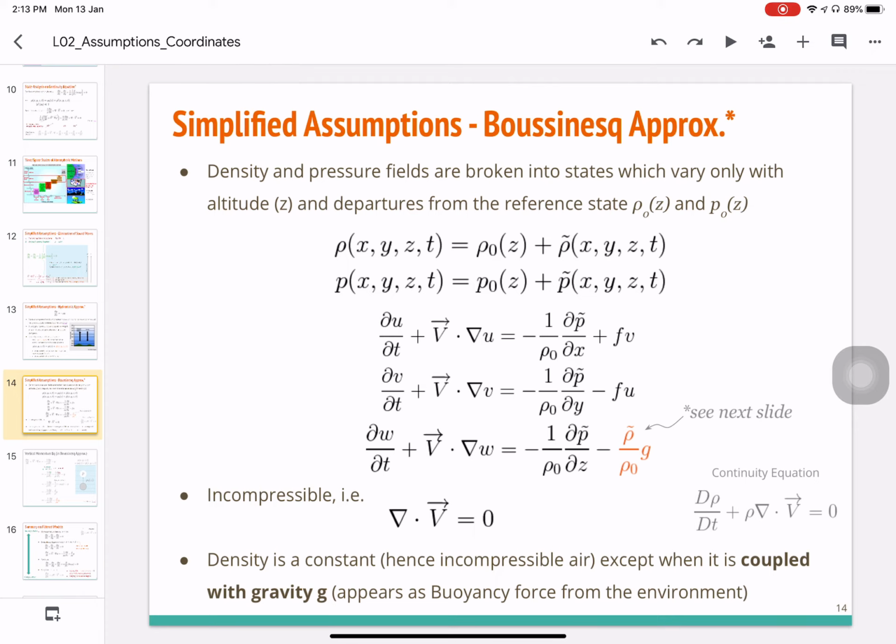Why do we keep that if it's related to gravity? Because gravity is a large term. Gravity is around 10, right, in order of magnitude, compared to all other terms. Even if this number is very small, when you multiply that with gravity, it will be huge. That's why we keep that in the vertical momentum equation.